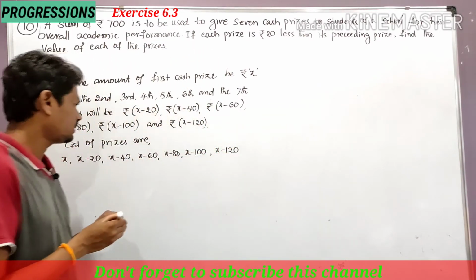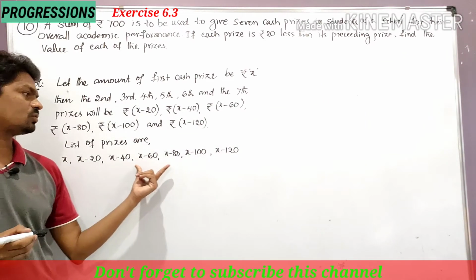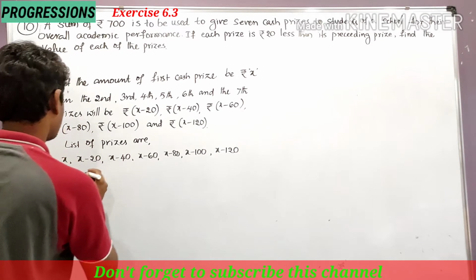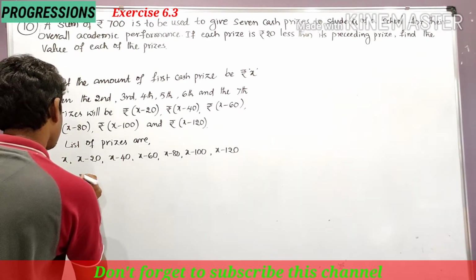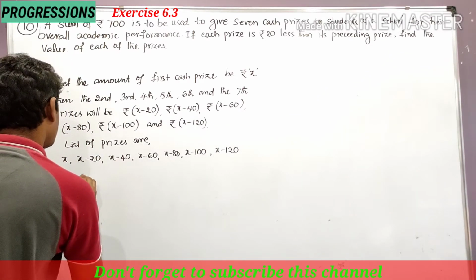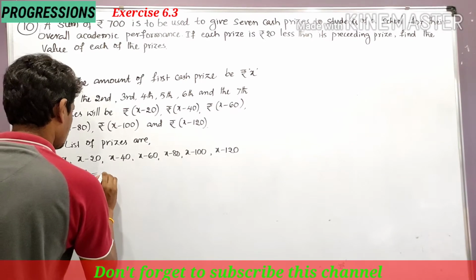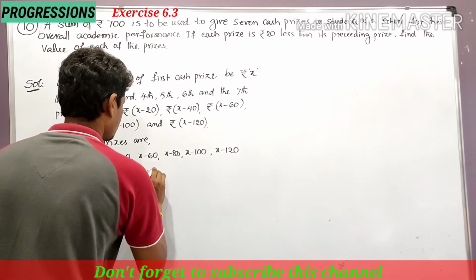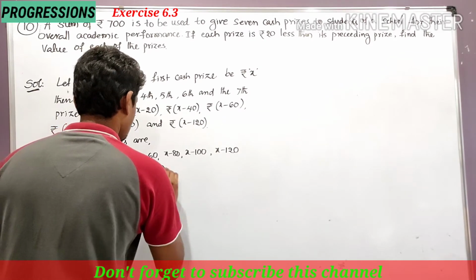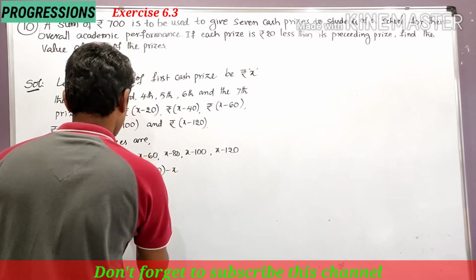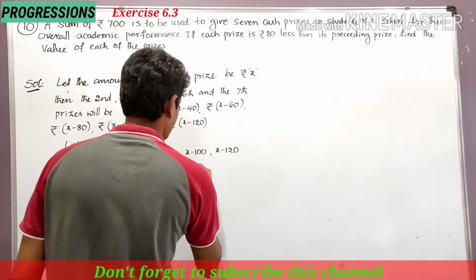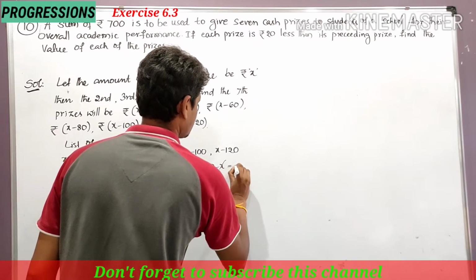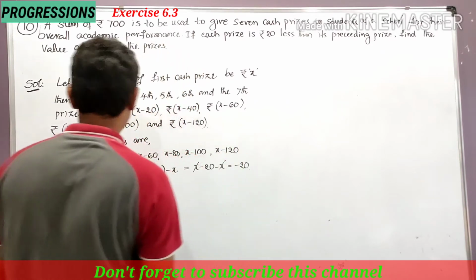The difference of every two successive terms is 20 here. Therefore the common difference d is equal to a2 minus a1, that is x minus 20 minus x. The x and minus x cancel, so d is equal to minus 20.